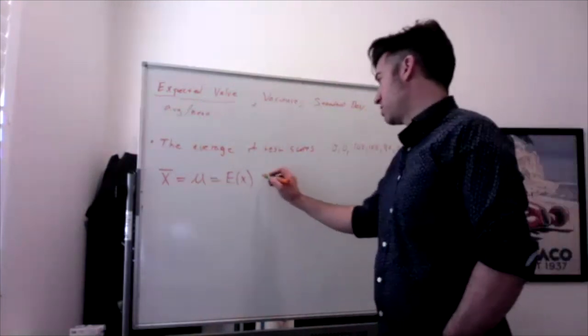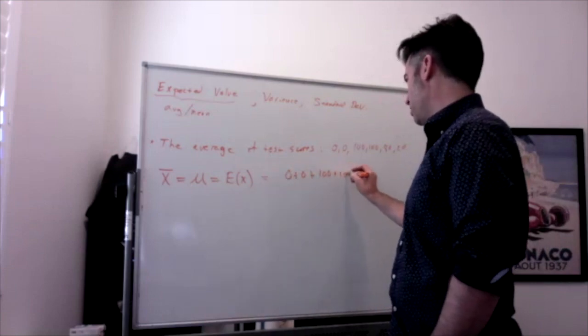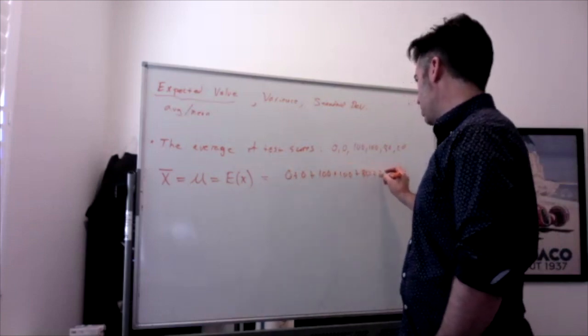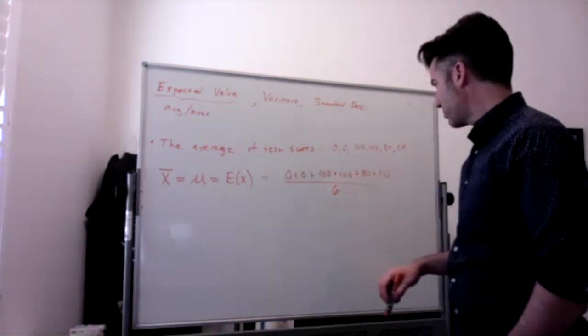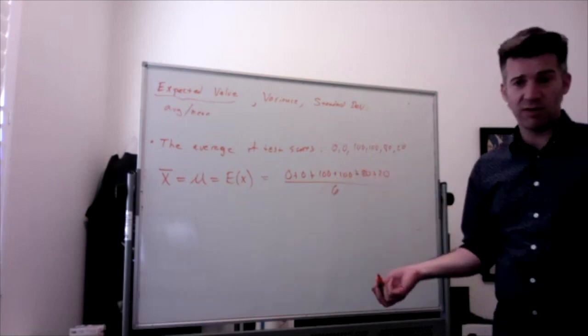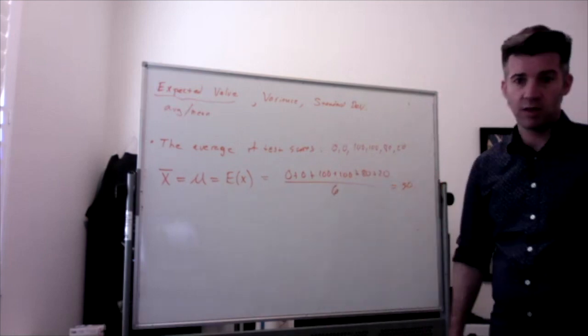And the average is just going to be 0 plus 0 plus 100 plus 100 plus 80 plus 20 divided by 6. That's going to be 300 over 6, which is 50. Great.